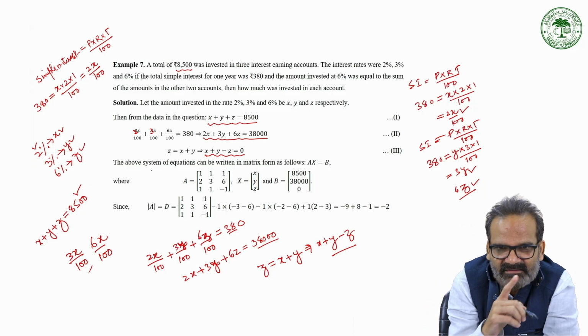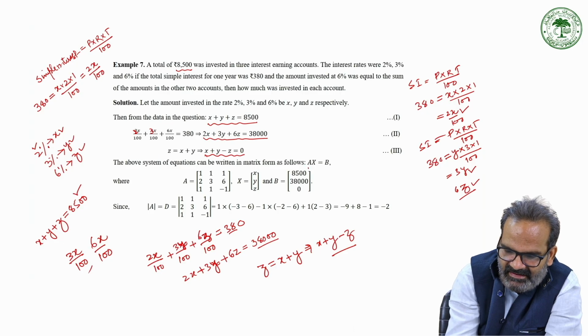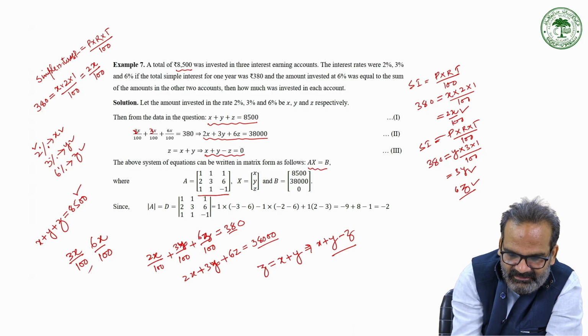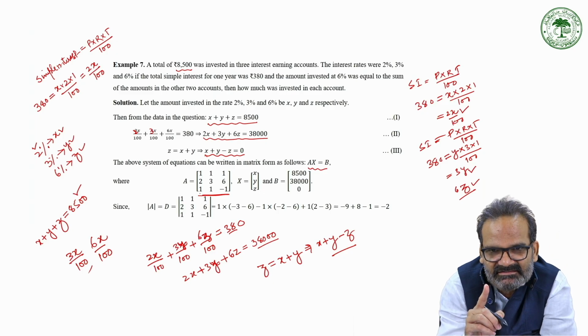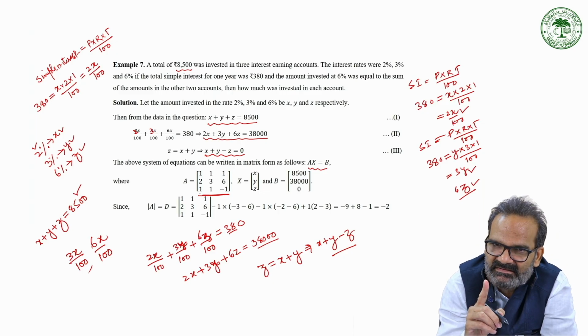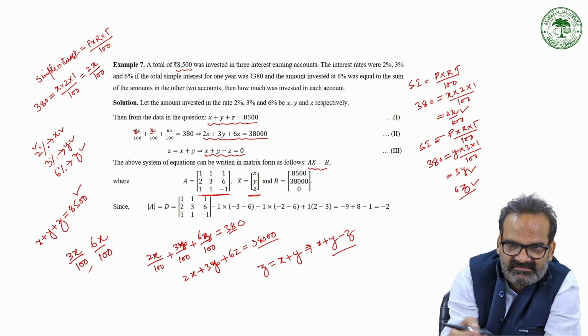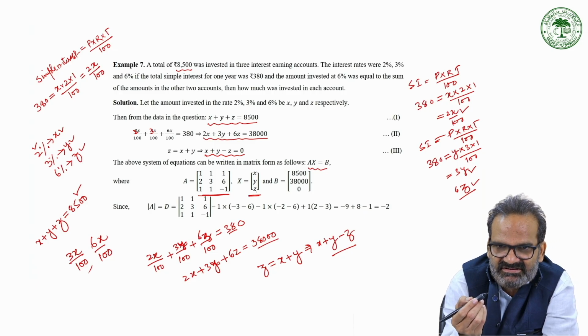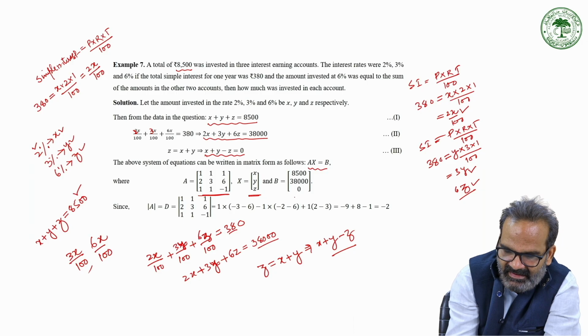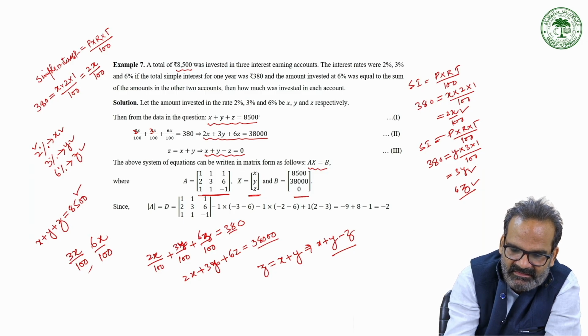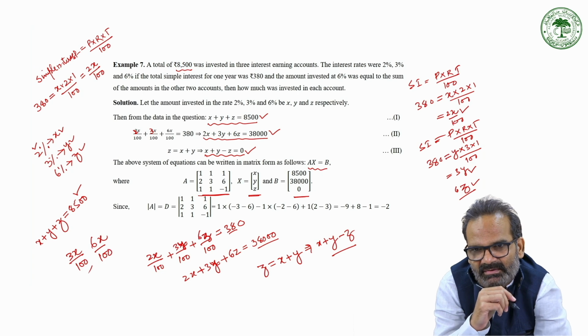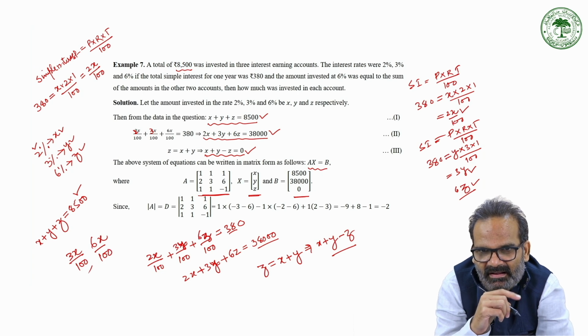So the above system of equations can be written as AX is equal to B, right? Here A is the matrix of the coefficients of the variables x, y, z. Capital X is the three variables under consideration, that is x, y, z. And B is the constant terms on the right hand side, that is 8500, 38000, and the third is 0, right?